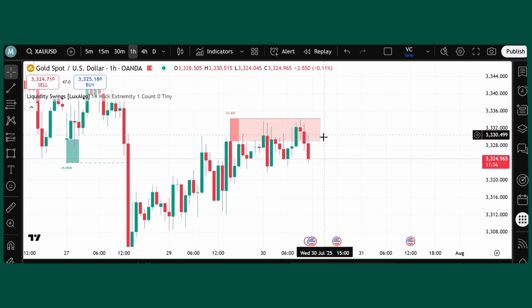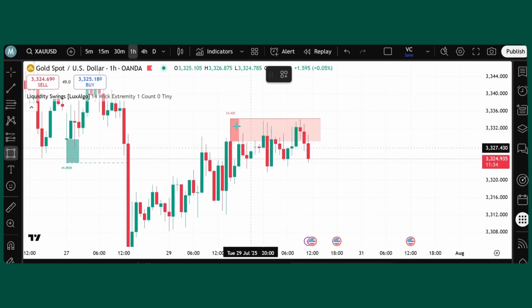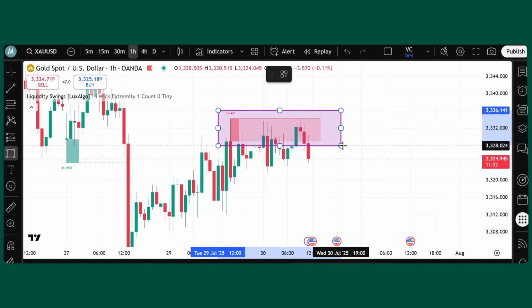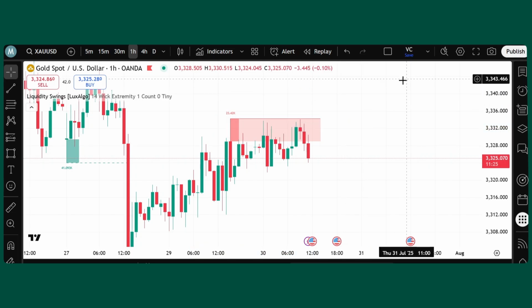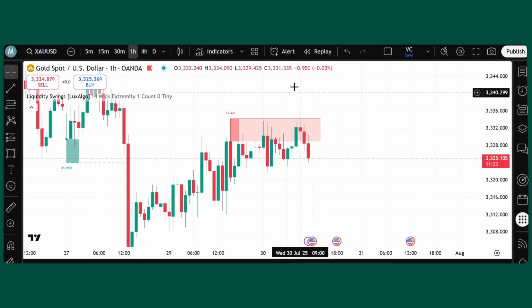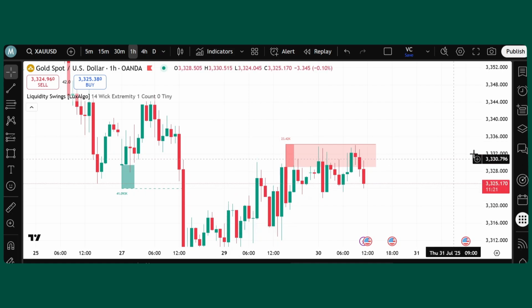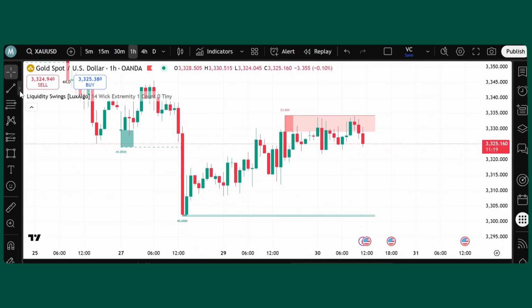So this right here, it's a liquidity swing. We can see that there's very high bearish, sell activity going on right here, and the indicator just makes it very easy for you to spot without wasting time.